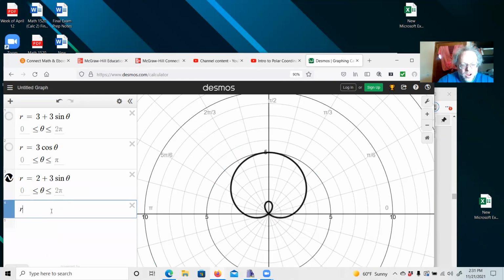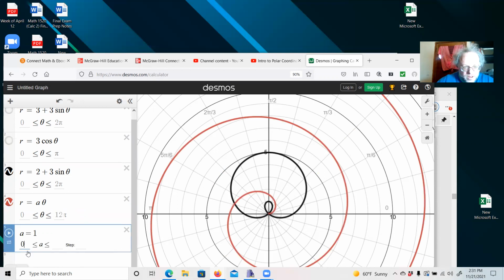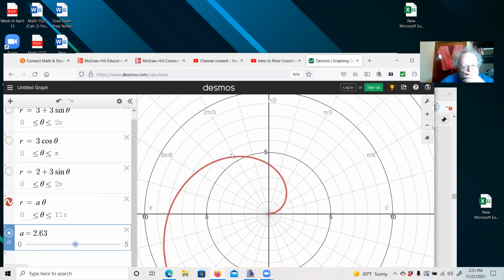You could say r is equal to a theta, and then add a slider for a. We'll go from 0 to 5. You can mesmerize people here.